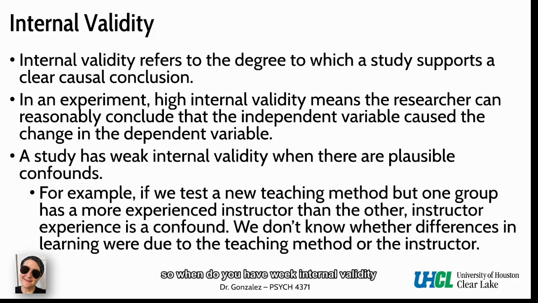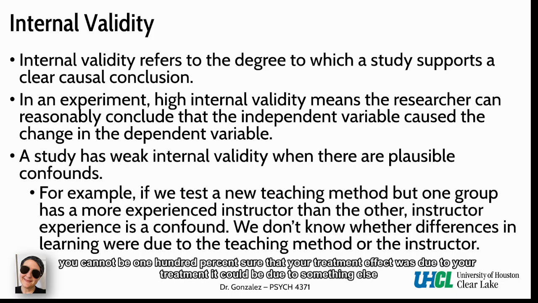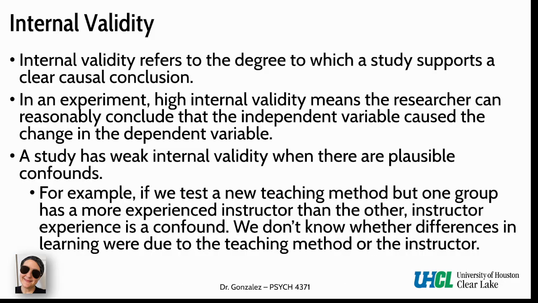So when do you have weak internal validity? Well, you have weak internal validity when there are other confounds that are out there that you have not truly controlled for. You cannot be 100% sure that your treatment effect was due to your treatment. It could be due to something else. So here's an example. We have a teaching method that is new.